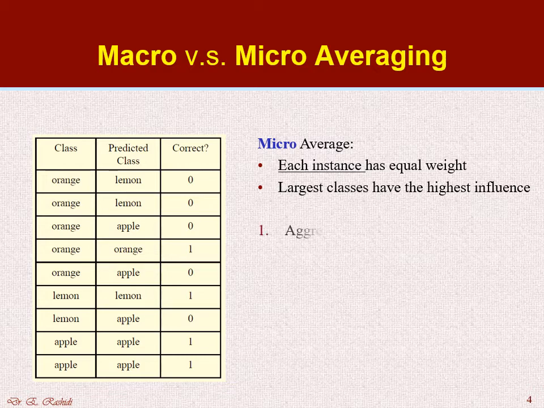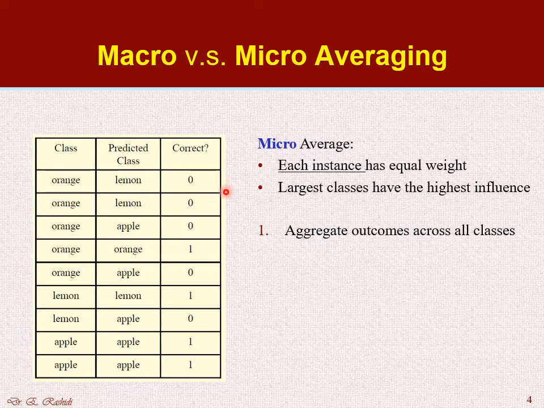The first step is to aggregate outcomes across all classes. What does this mean? We have 5 instances of class orange, 2 instances of class lemon, and 2 instances of apple. That means we have a total of 9 instances here.